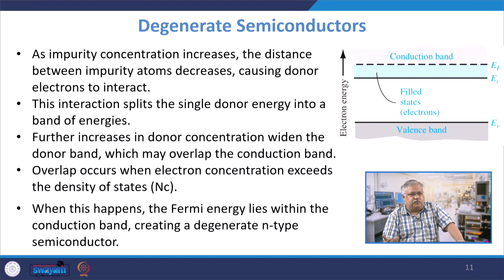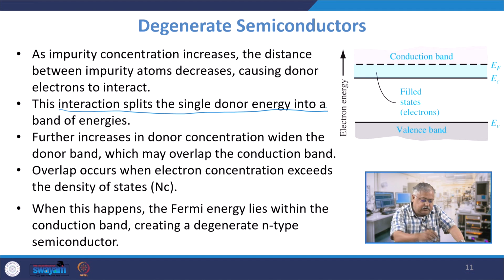All of you are aware of this point, and therefore the donor atom electrons will interact with themselves. When they interact with themselves, this splits the donor energy level into a band. This interaction of two electrons or multiple electrons, say there are 100 electrons, all will split and band formation will take place, exactly in the forbidden energy gap. So, these are the bands which form here.